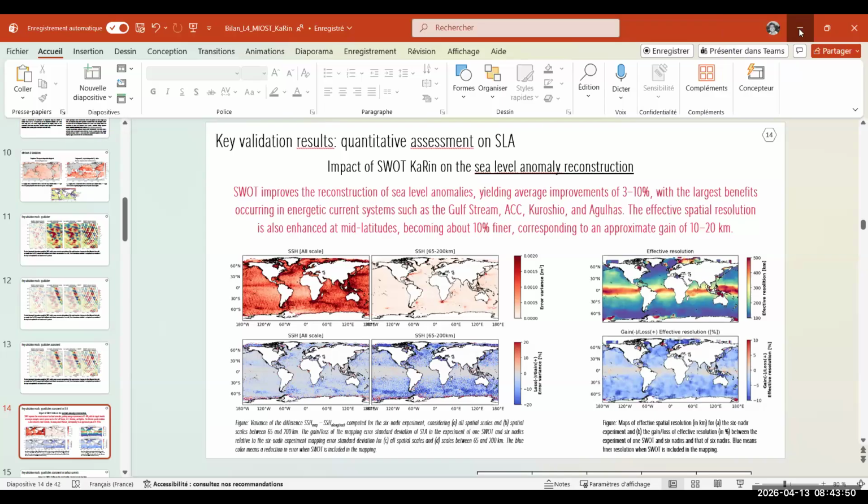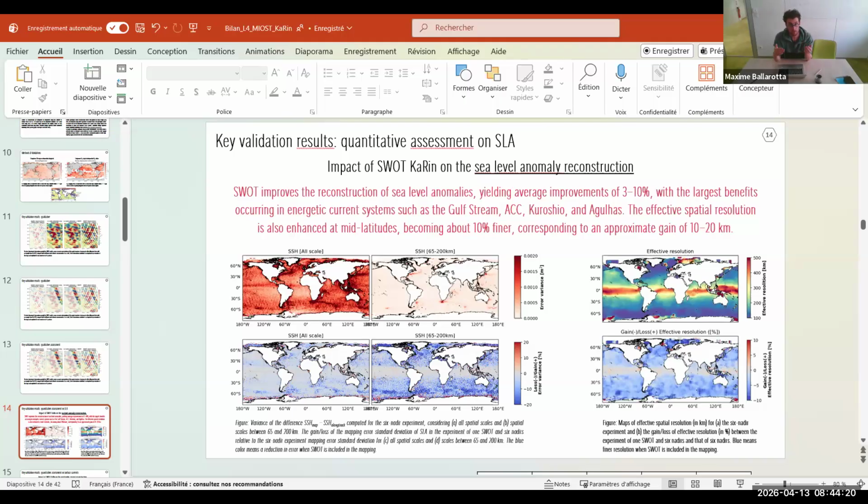Well, that makes good sense. That's very good. Thank you very much. But your question is really pertinent in the sense that at high latitude, the scales are quite small already in the system for the moment. We could even refine the scale more when we use SWOT in those areas.